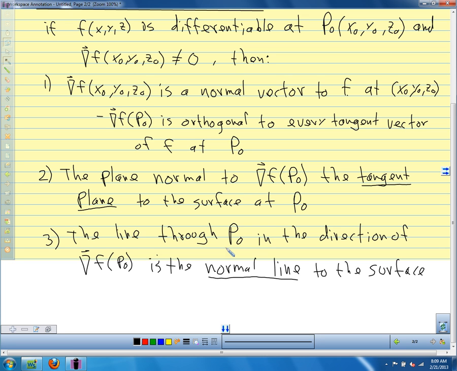So, questions about our conclusions here. The important thing to remember is that our gradient is normal to surfaces. The gradient function is normal to surfaces at a particular point.